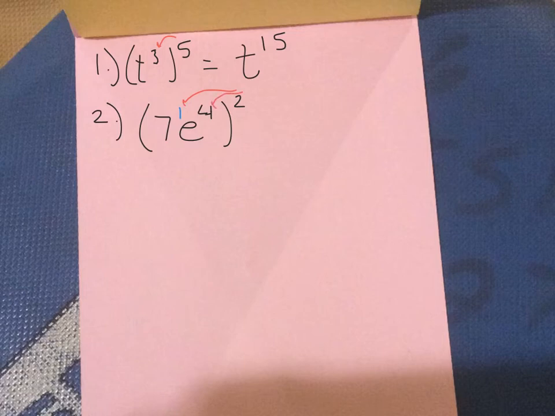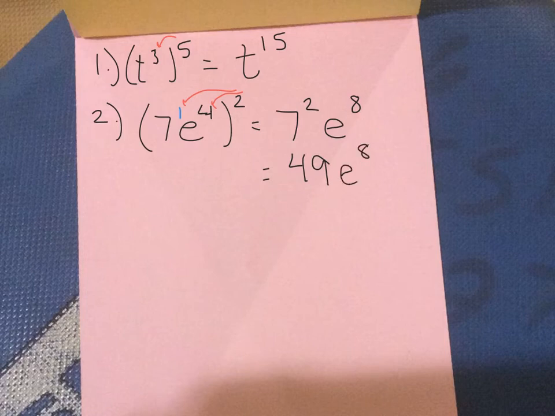So we'd have 7 to the 2nd, e to the 4 times 2, which is 8. Some teachers might want you to write that out as 49 e to the 8th. Just know that some teachers might not want you to have numbers and exponents either.